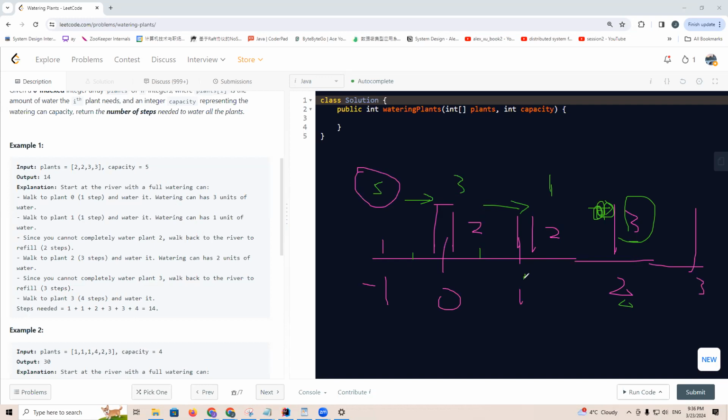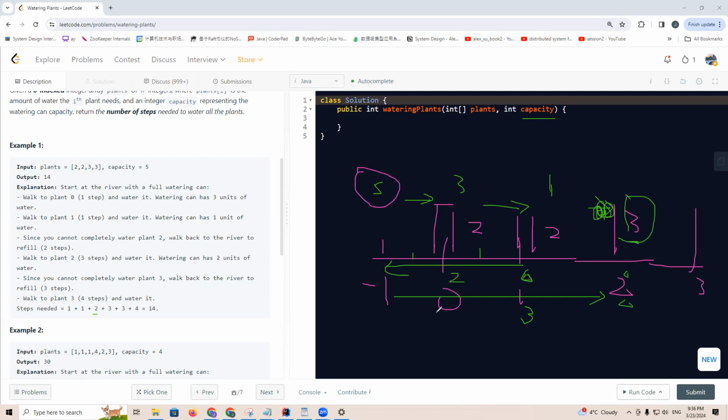At index 1, he is able to know the next one he's not able to water, so he needs to go back 2 steps to get more water, to refill the capacity, and then go 3 steps to this one to water it, right?